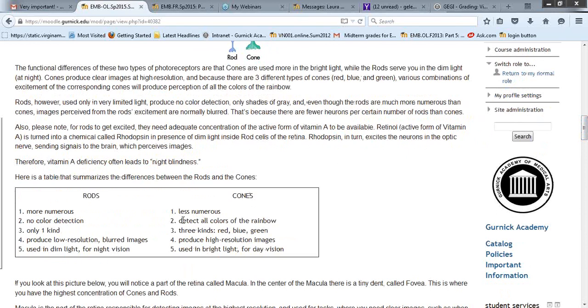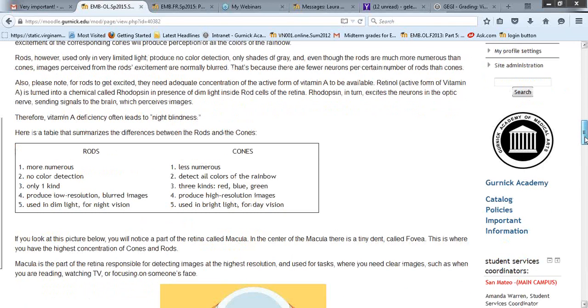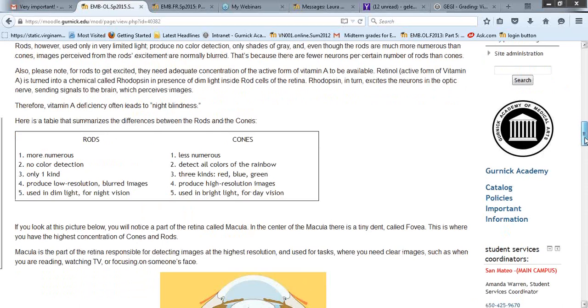They are less numerous, they detect colors, and you have three kinds: red cones, blue cones, and green cones. You produce high resolution images when using those cones. Of course they are used in bright light, so when the sun comes out or when you turn on the light, you can see all the colors. If you can see all the colors, that means you're using your cones. If you only see shades, you're using your rods.